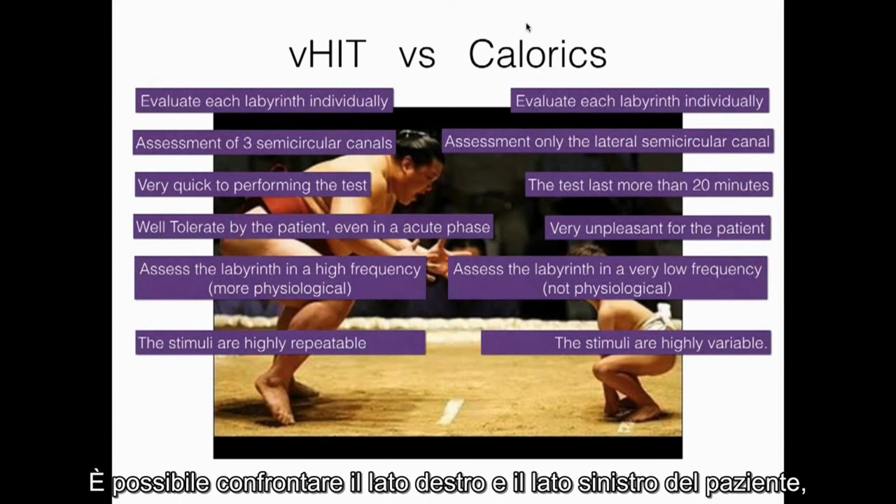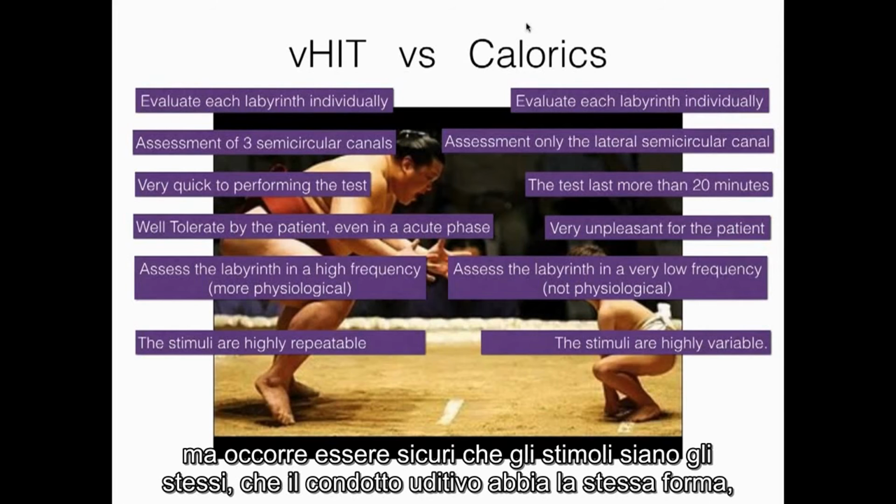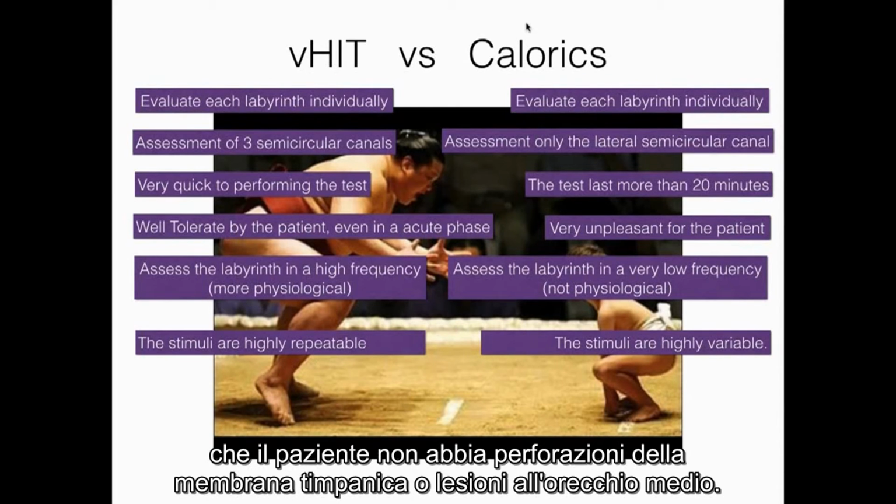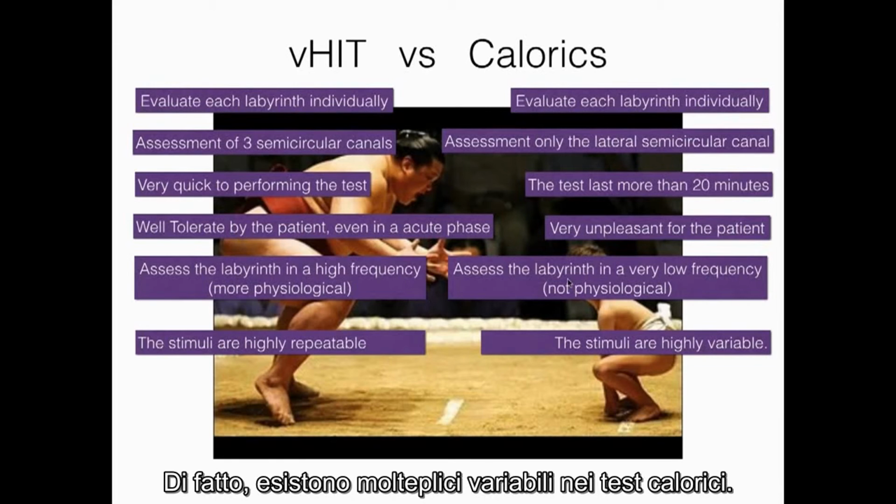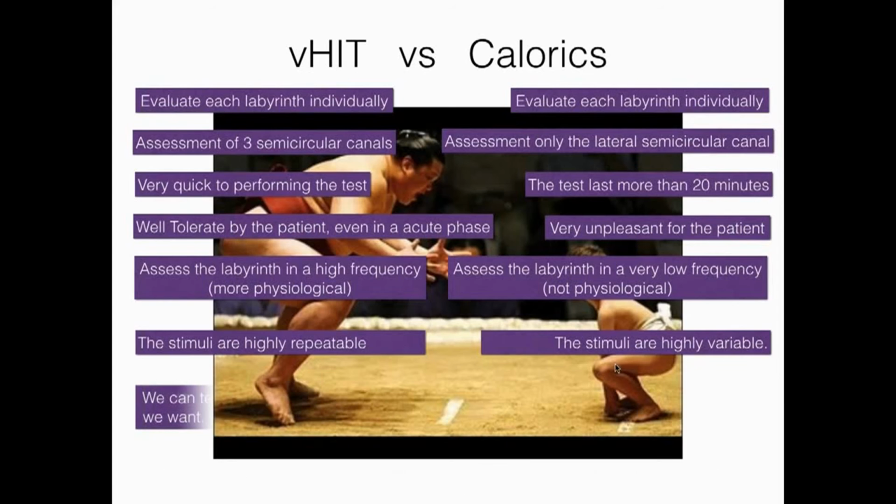You can compare the right side and the left side of the same patient, but you have to be sure that the stimulus was the same, that the ear canal has the same form, that the patient has no tympanic membrane perforations and no middle ear disease. There is a lot of variability in calorics.